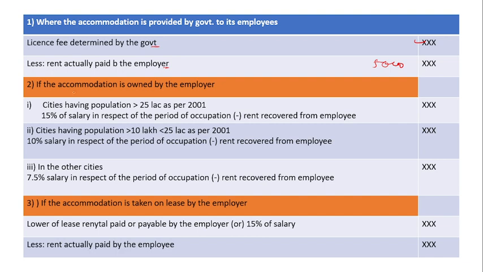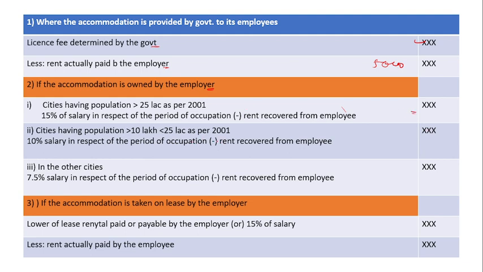Another one: if the accommodation is owned by the employer, and the population of the city is more than 25 lakh, then 15% of the salary in respect of the period of the accommodation minus rent recovered from the employee. This amount we will write over here.